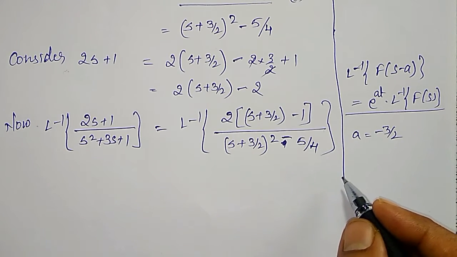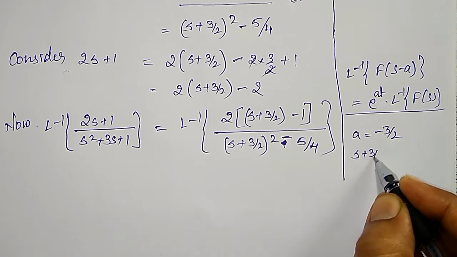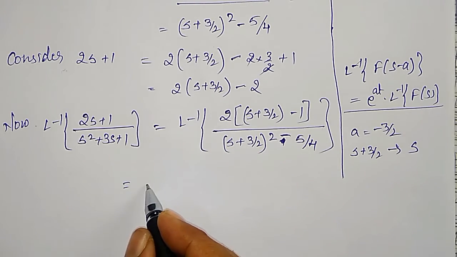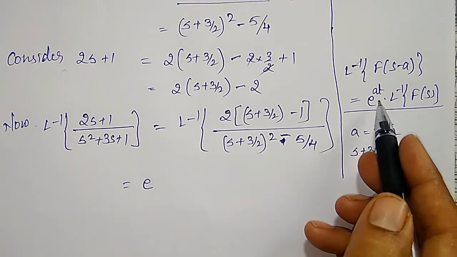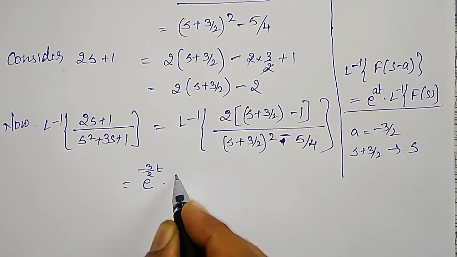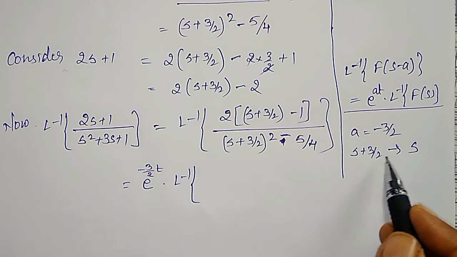Correct? And s plus 3 by 2 must be replaced by s, which is equal to e to the power minus 3 by 2 into t, inverse Laplace transform, where s plus 3 by 2 is replaced by s.